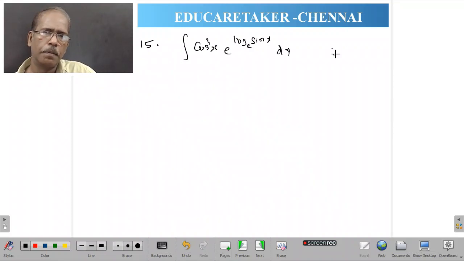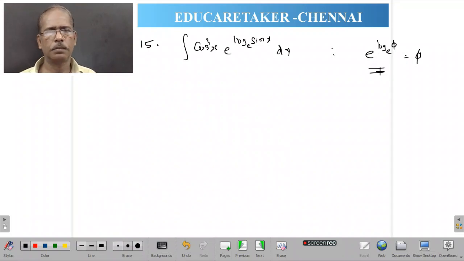Remember student, e power log of anything, log to the base e, is nothing but that thing. The fundamental formula. This is a composition of an exponential function and a logarithmic function.